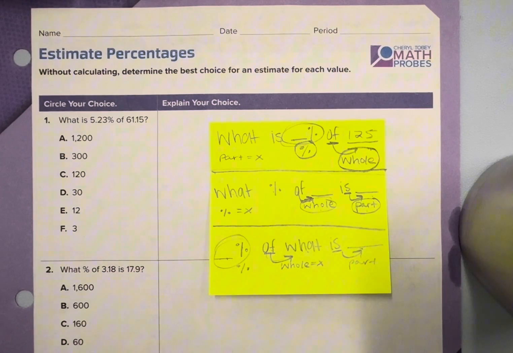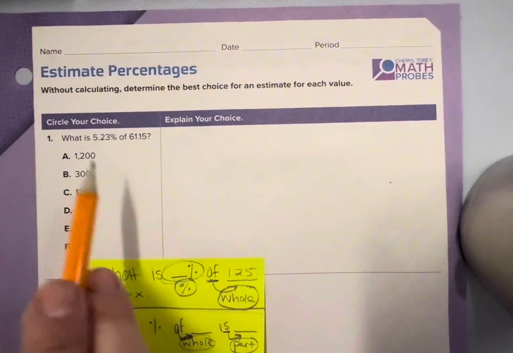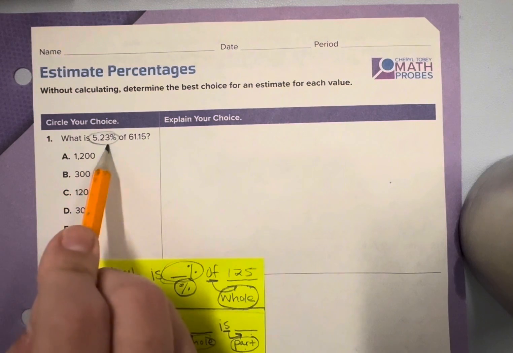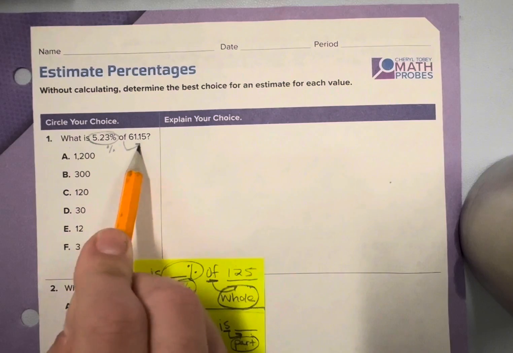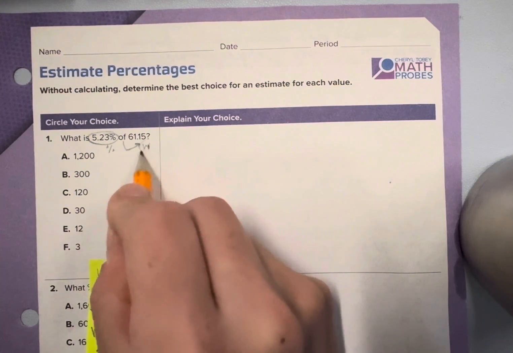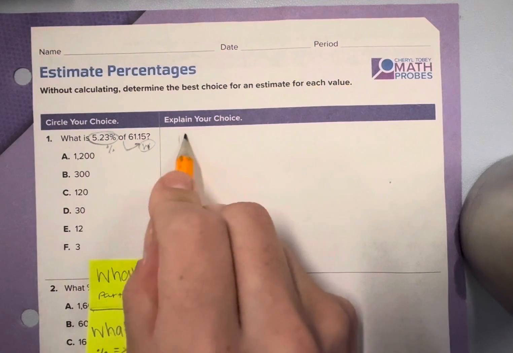So let's see an example of this. What is 5.23% of 61.15? Remember, whatever comes after of is the whole. So in this problem, I have the percent and the whole.